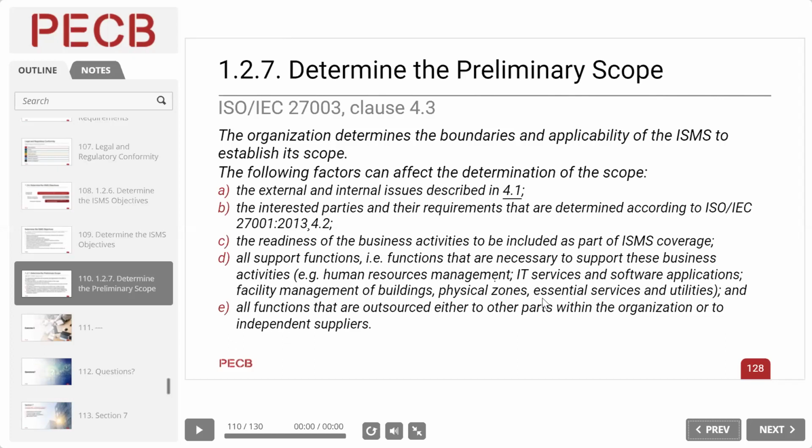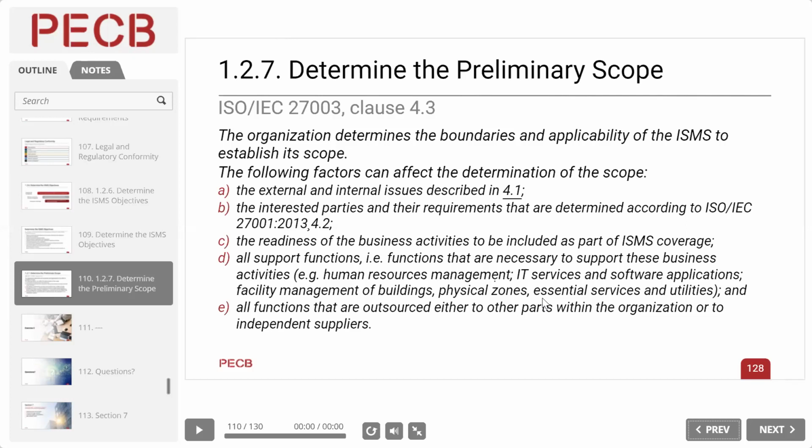It could be head office. It could be head office and all the head office annexes. It could be all the offices in Accra. It could be the whole organization. It depends on what scope the organization decides to do.